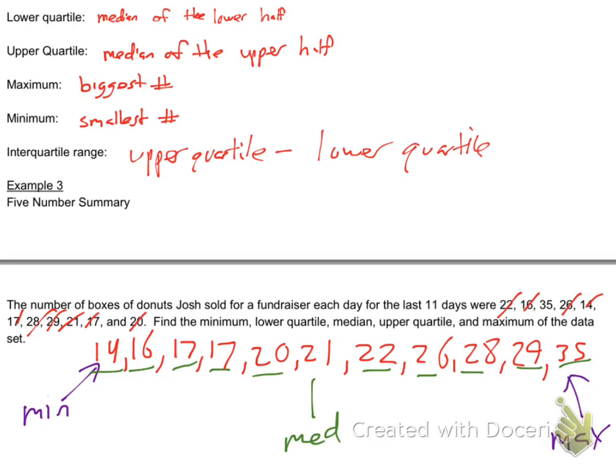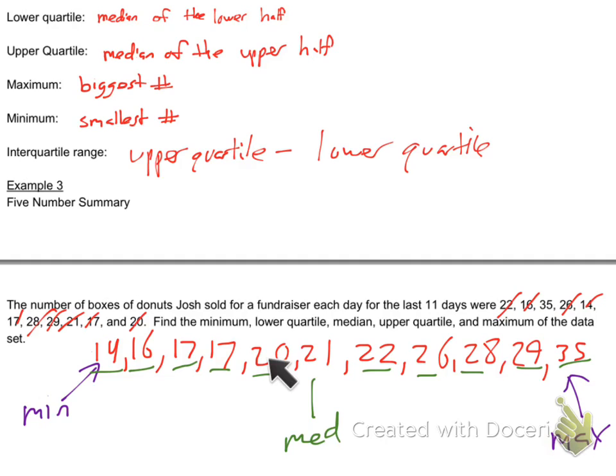I moved in one spot each side. Now, to find the median of the lower and upper half, you will start with the next number that's in the group. 21, guys, is not in the lower or upper. 21 is in the middle.